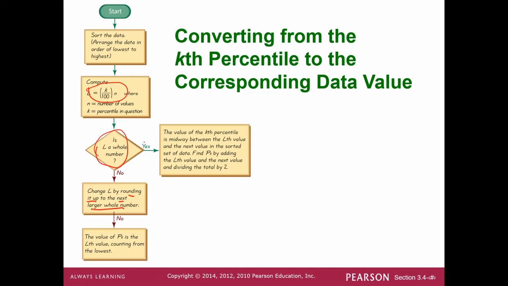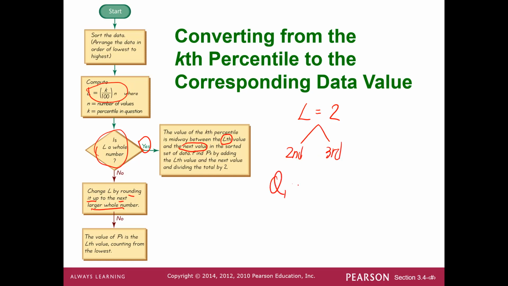If the locator is a whole number, you're going to average with the next value. So for example, if the locator is exactly 2, you're going to average the second data value and the third data value.